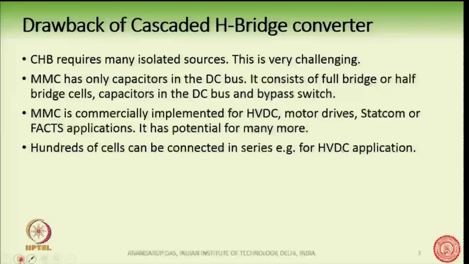At the same time, it retains the advantages of modularity and scalability, which means there are many identical cells in the MMC like in the CHB, and all these identical cells are low voltage rating, and many of them are cascaded and can produce a very high voltage.